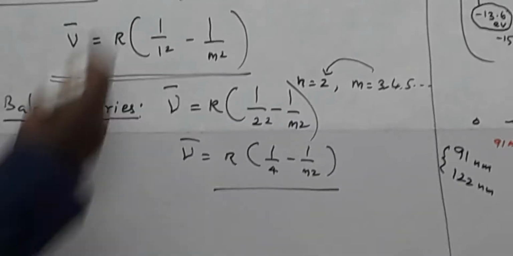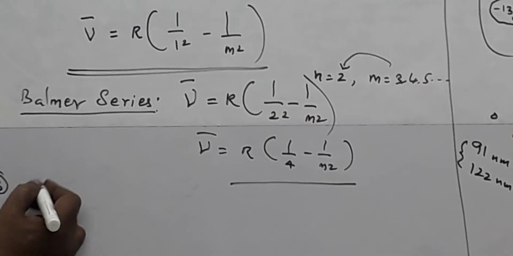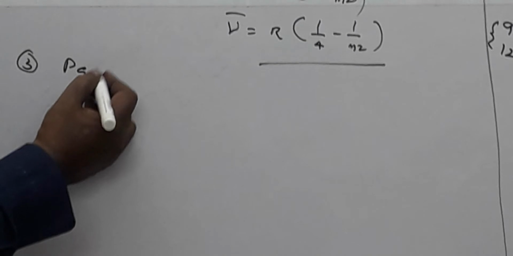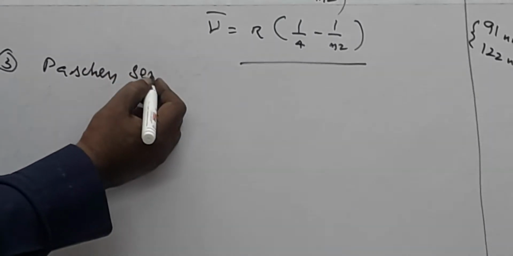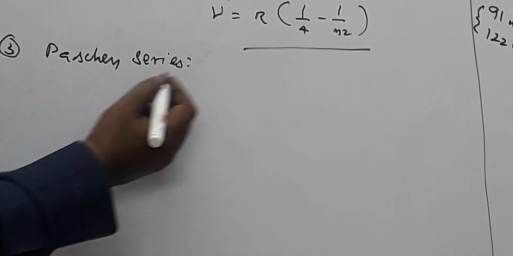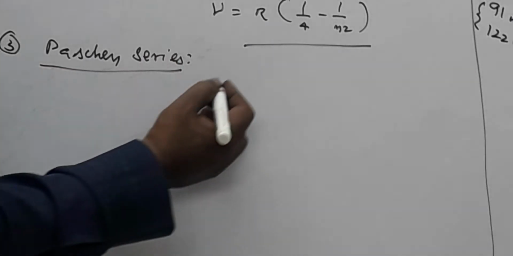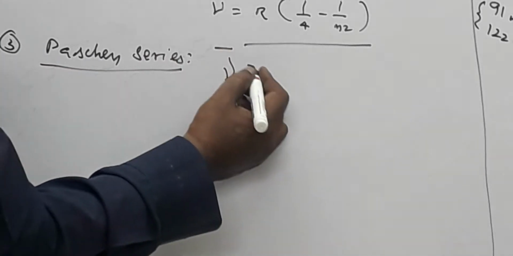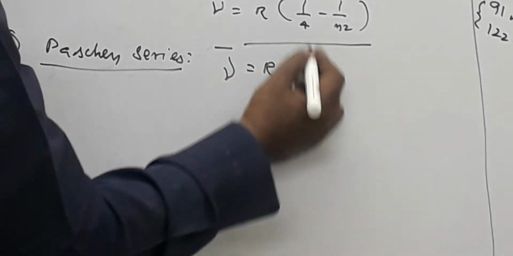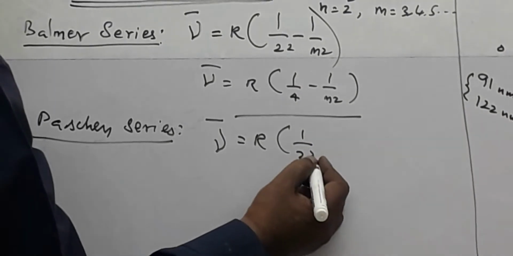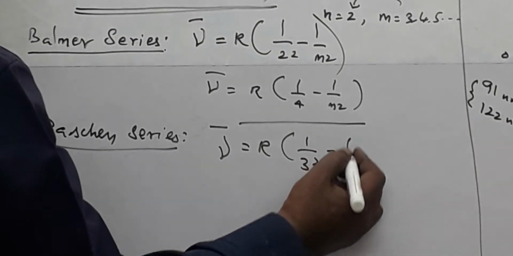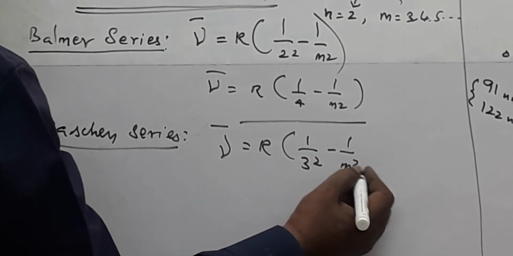And the third one is the wave number of the Paschen series, spelled P-A-S-C-H-E-N. This is the equation: nu bar is equal to R into 1 by 3 square minus 1 by m square.